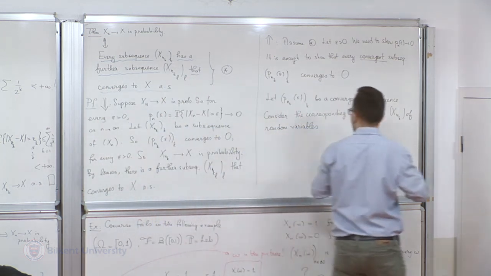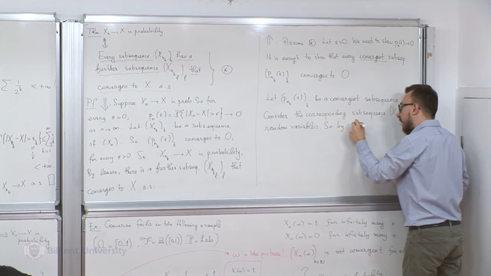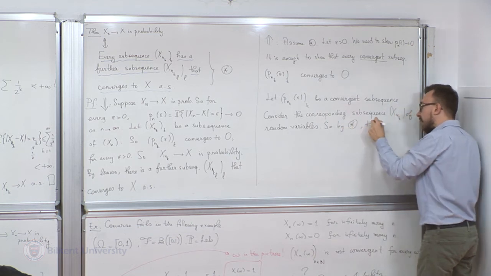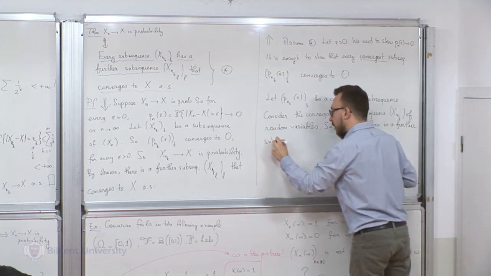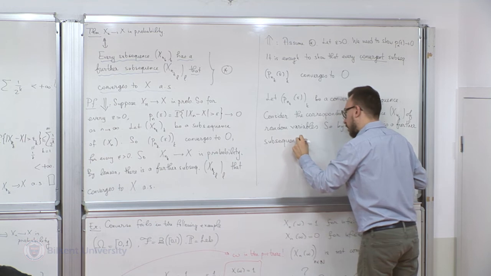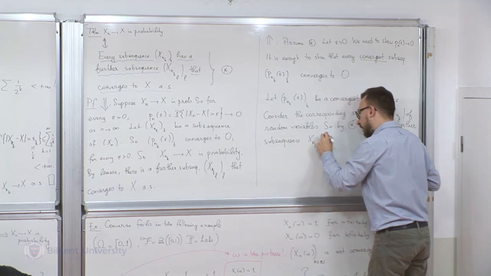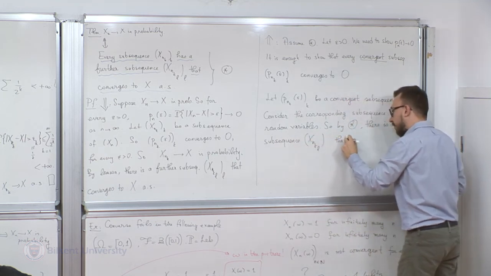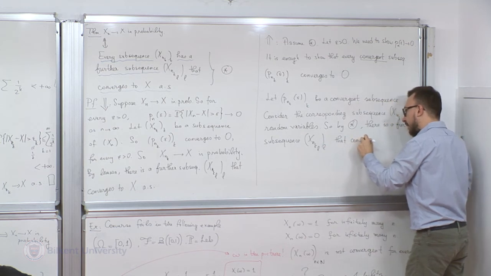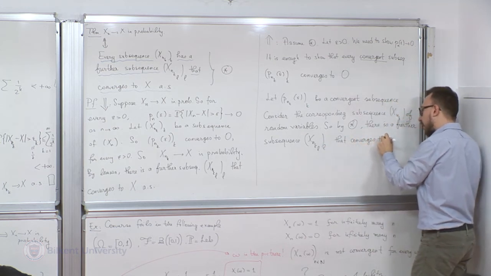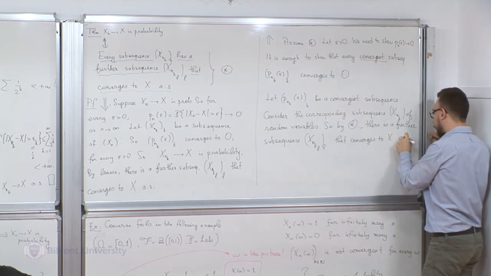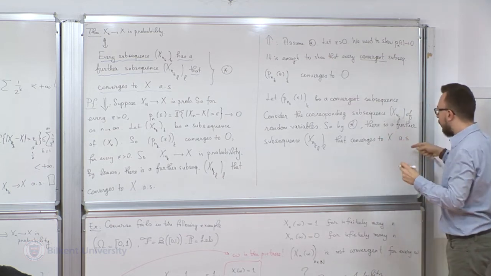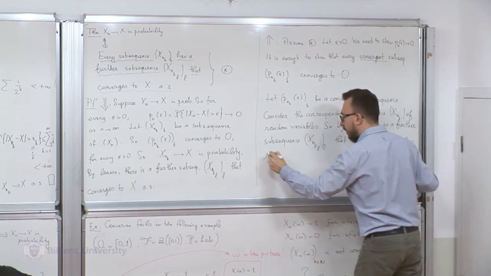So by the assumption star, there is a further subsequence Xnkl that converges to X almost surely, but almost surely implies also in probability.